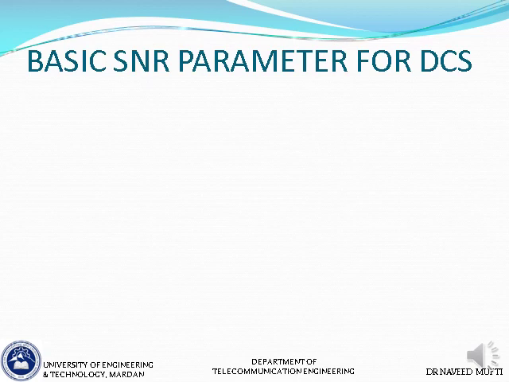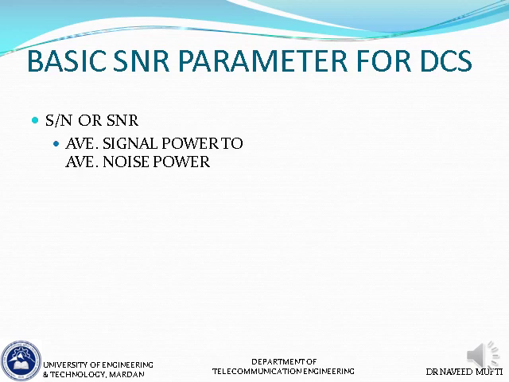Now we come over to the basic SNR parameter for digital communication systems. We have studied communication systems in the previous semester, so we are well familiar with the term signal to noise ratio, S by N or SNR, which can be broadly defined as the ratio of average signal power to the average noise power.